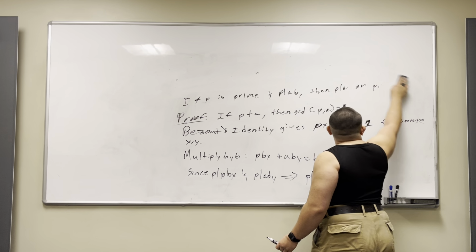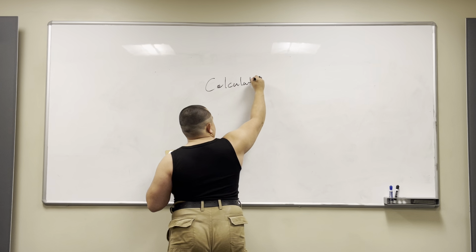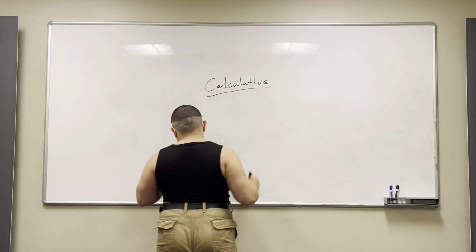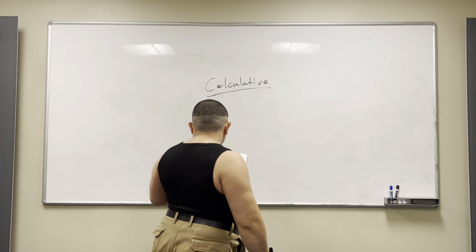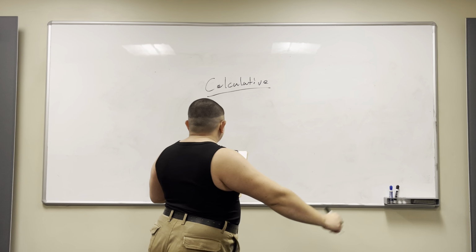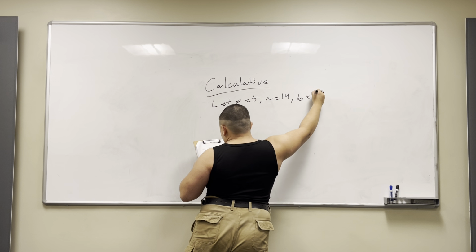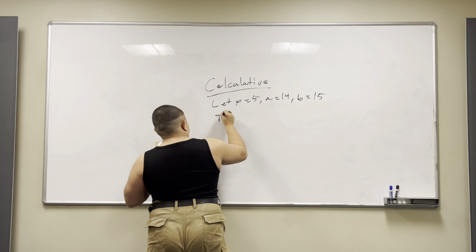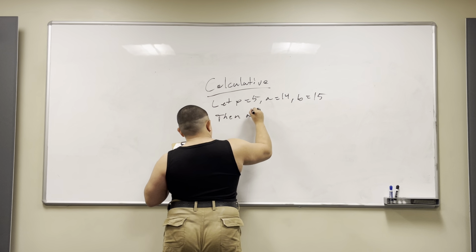Now, a calculation. Let p equal 5, a equal 14, b equal 15. Then ab is equal to 210, and 5 divides 210.